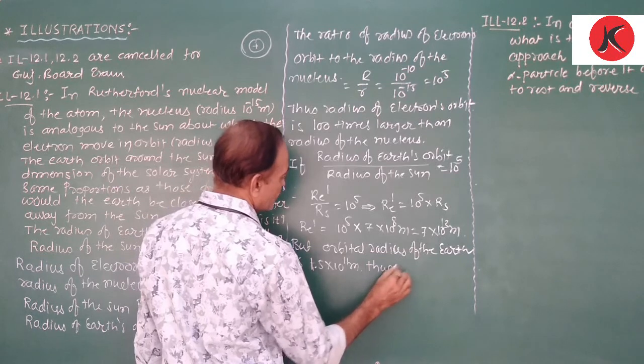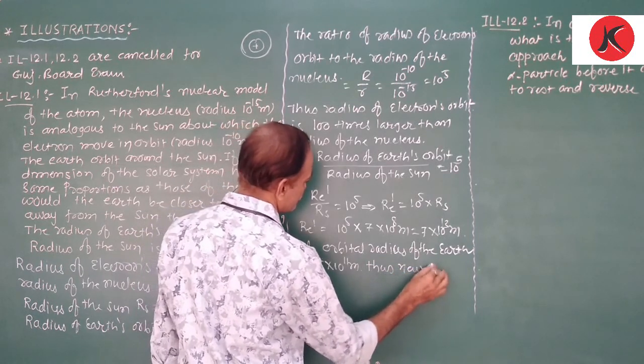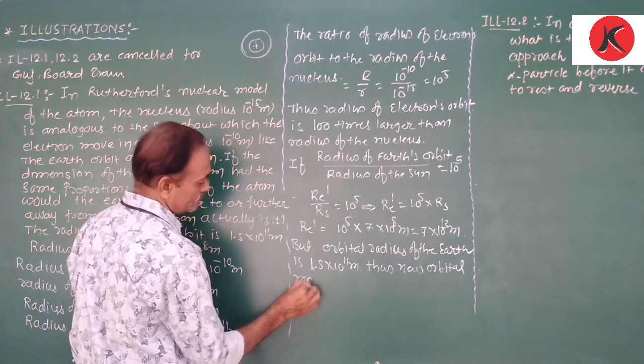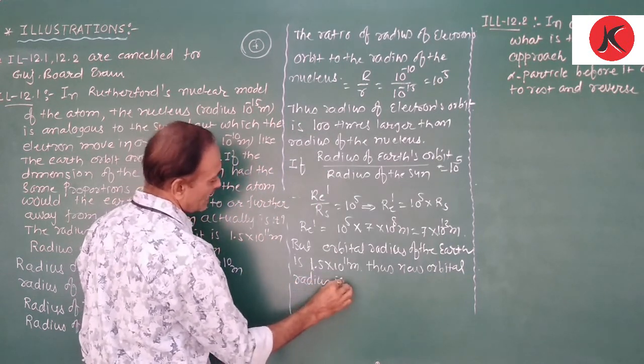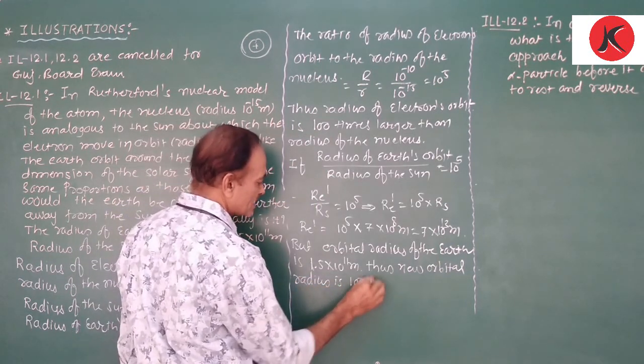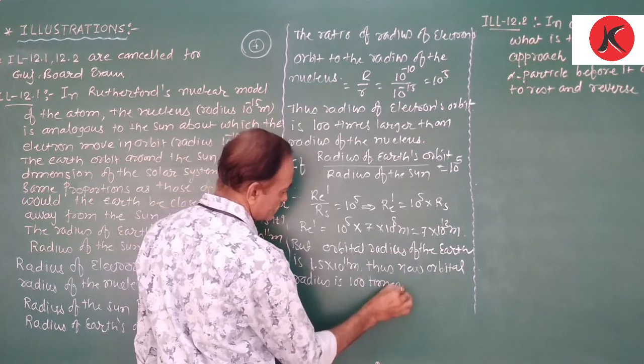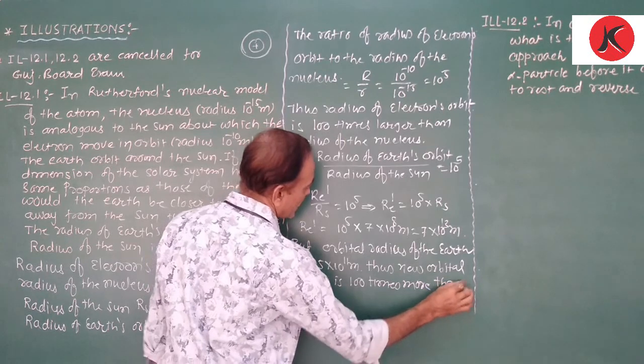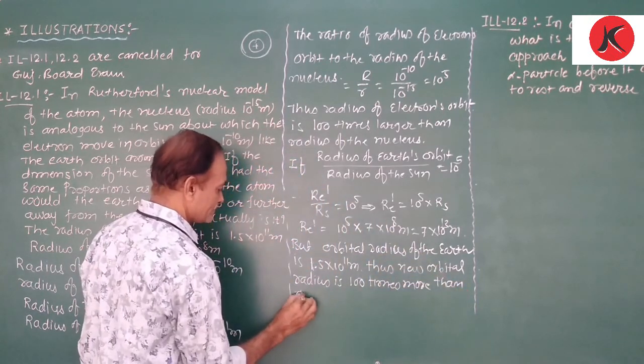Thus, the new orbital radius is 100 times more than the actual orbital radius.